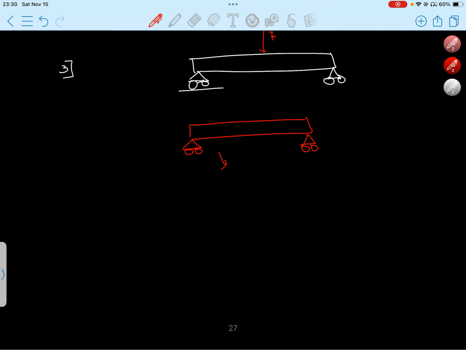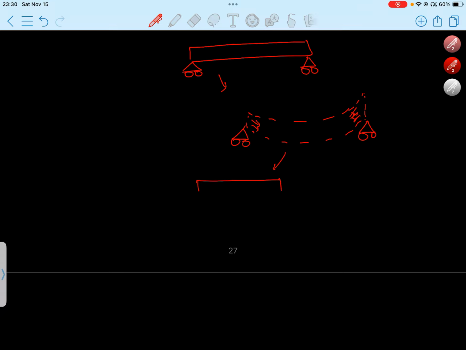It's not very trivial. This one would move because if a rod gets elongated like this, the elastic forces will pull our rollers inwards to get back to its original shape.